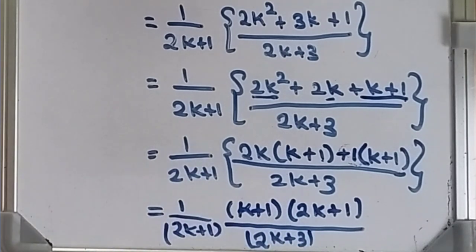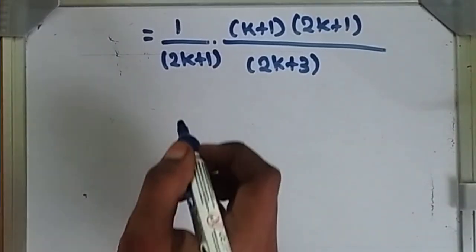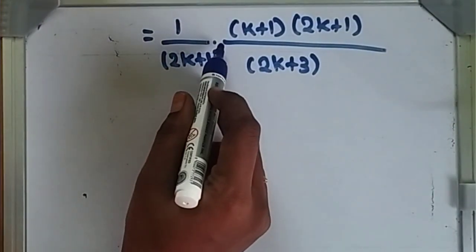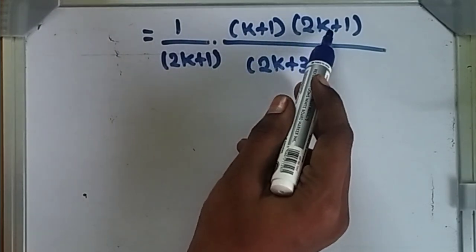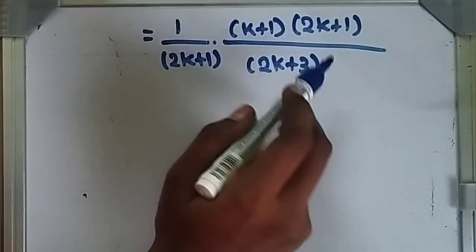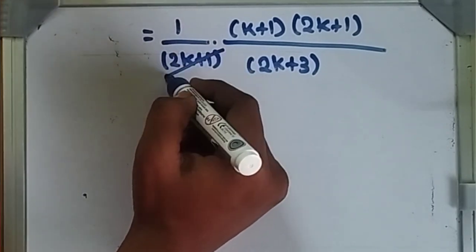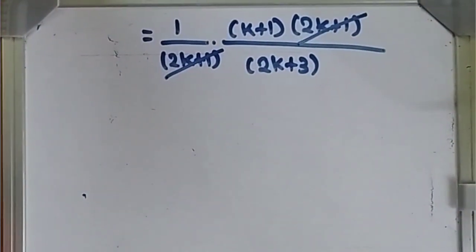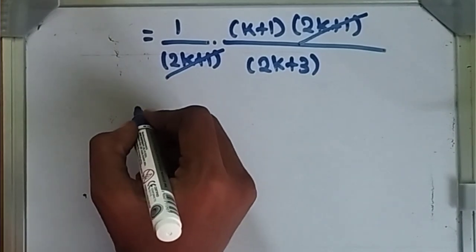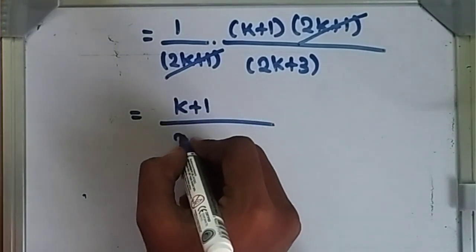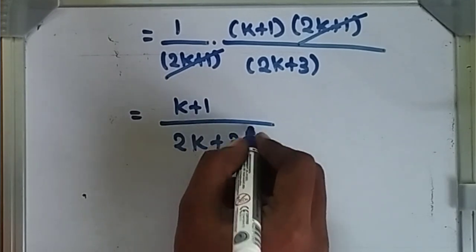Clear? Clear. So we have 1 divided by 2k plus 1, multiplied by k plus 1 into 2k plus 1 divided by 2k plus 3. These terms are in multiplication, so I can easily cancel out this 2k plus 1 and this 2k plus 1. So what will remain is k plus 1 divided by 2k plus 3.